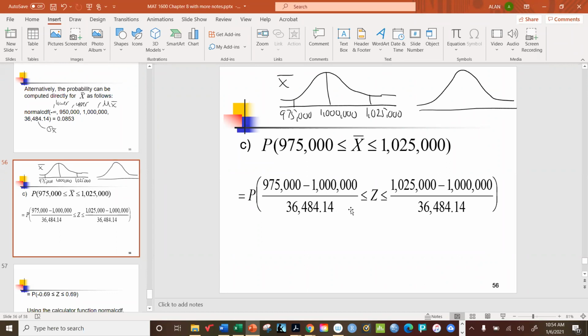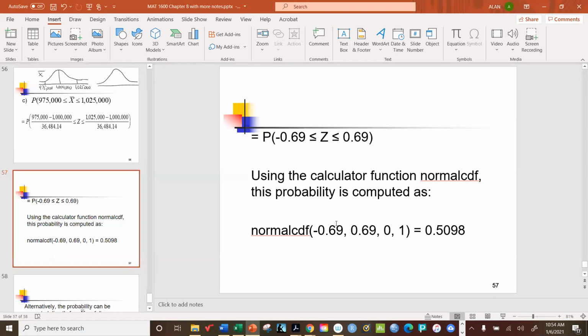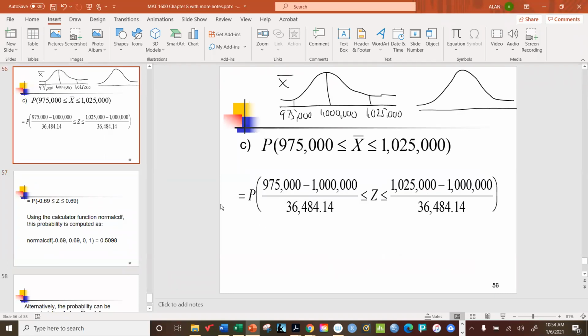Here, I guess it spilled over into the next. It's negative and positive 0.69. All right, this is what we're aiming for.